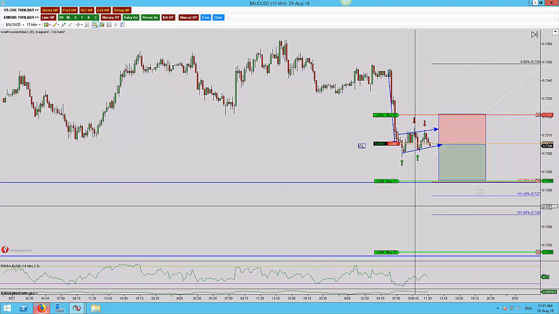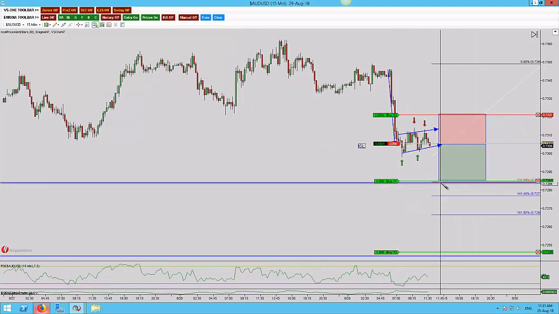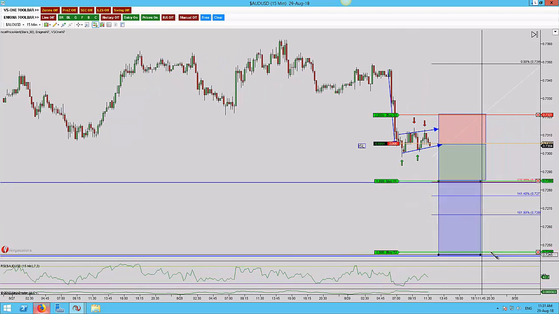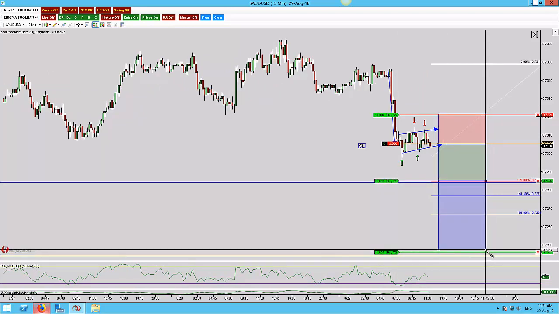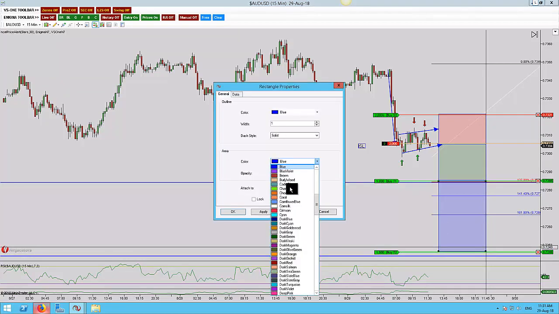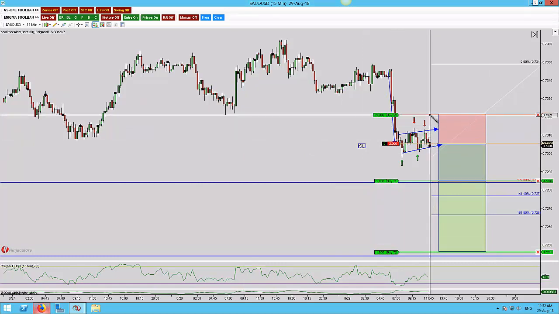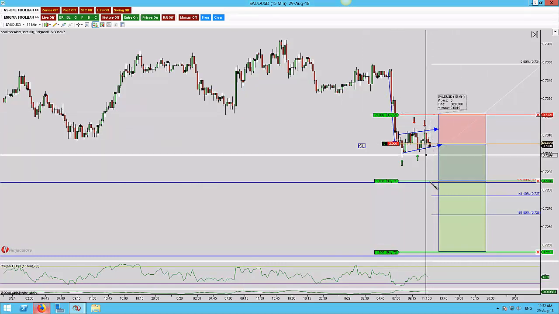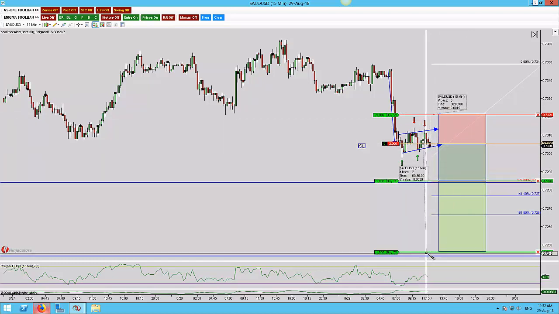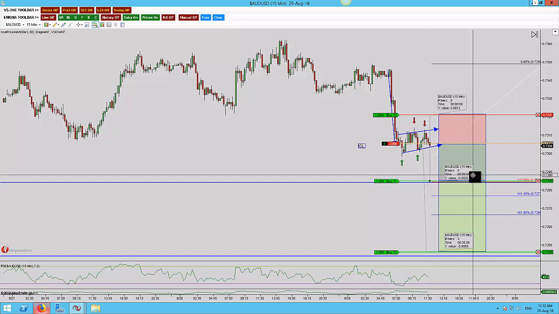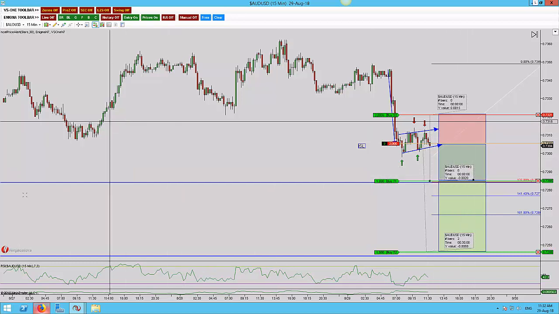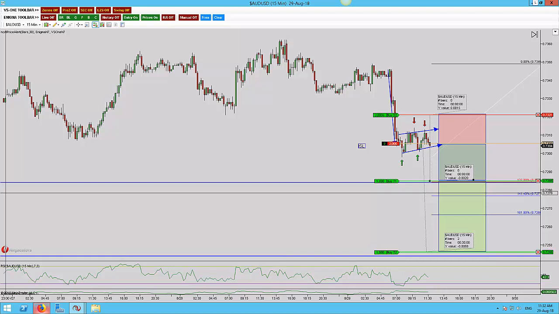And then for target 2s, which will be very nice if we were able to get that very large extension, we'll make that one yellow. And so the risk on here is very small, just 15 pips. Target 1s is 20. And target 2s is 59. So we'll come back and see if we can capture this trade winning or losing.